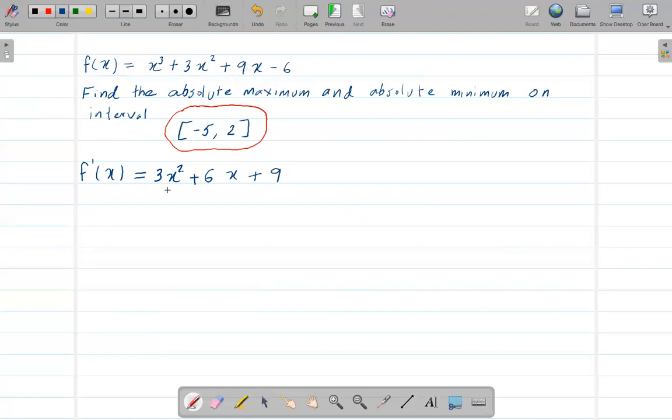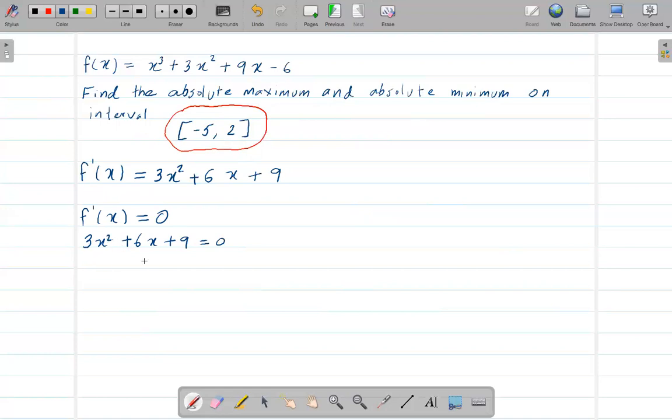Once we get this, to find the critical numbers we assume f prime of x is equal to 0. So 3x squared plus 6x plus 9 equals 0.